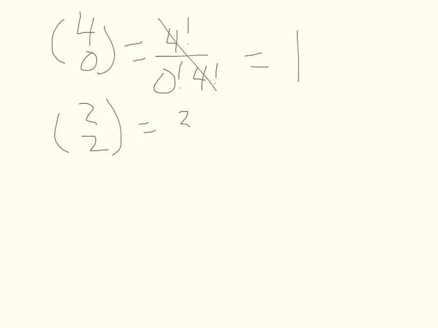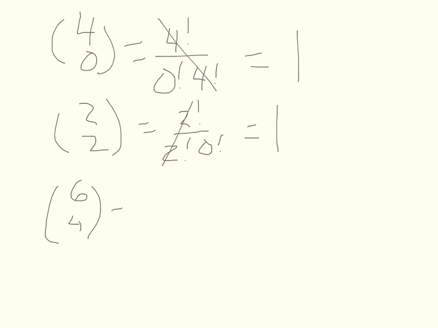So again, we have 2 factorial over 2 factorial times 2 minus 2 factorial, which is a 0 factorial again. And you'll notice again, 2 factorial and 2 factorial cancel out, which gives us a 1. So for the numerator, we have 1 times 1. But the denominator is where we actually have some calculation to do.